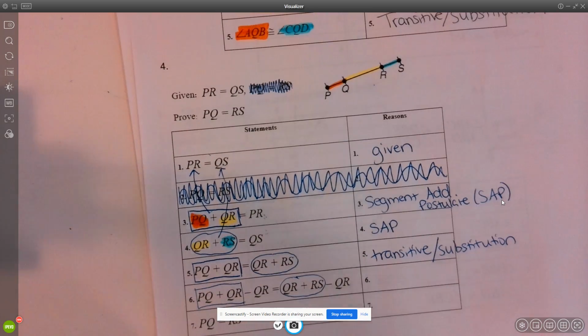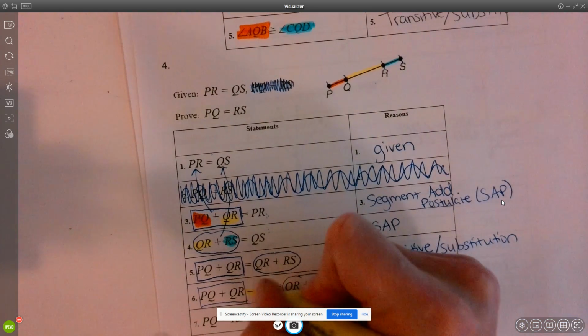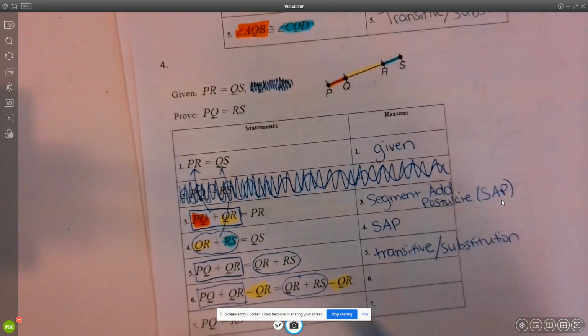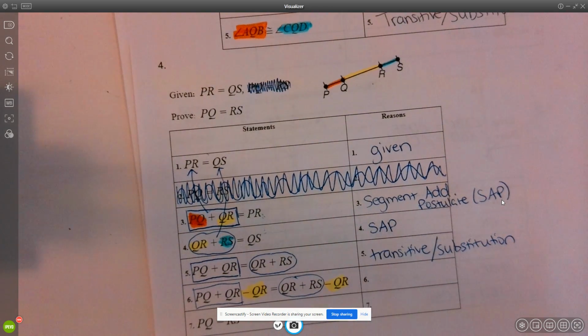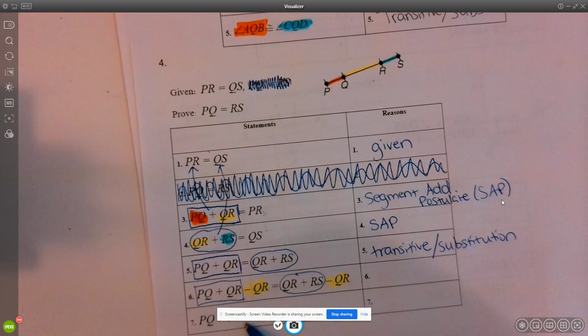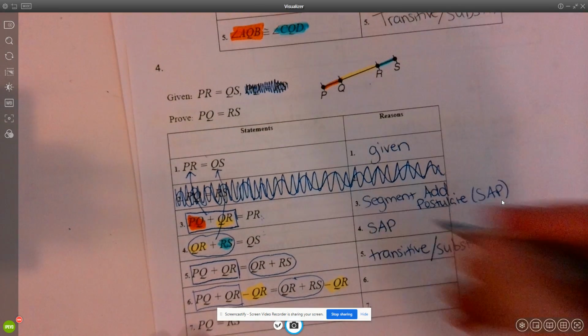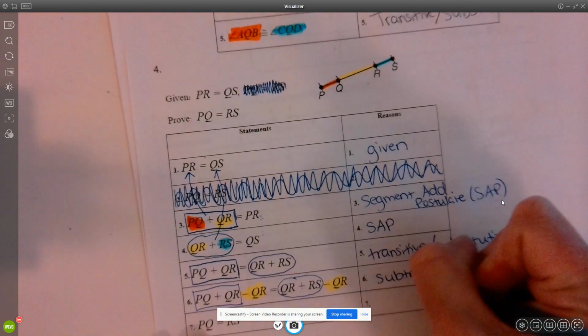What I do see that's different is this length QR is being subtracted on both sides of the equal sign. They're trying to get rid of that length so that they can eventually conclude that PQ equals RS. And so we see this subtraction on both sides. Anytime you subtract something from both sides of the equal sign, you're using the subtraction property.